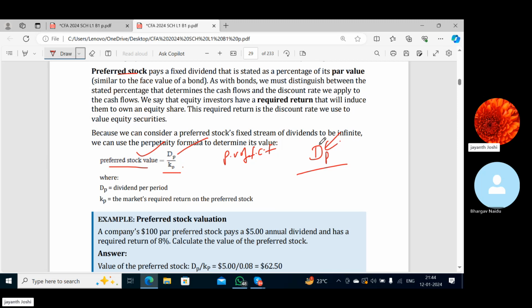The cost of capital or cost of preferred stock is the required rate of return an investor would want from a preferred stock if they invest in the market as of today. That is represented by KP. If you do this, you'll get the present value of the preferred stock.